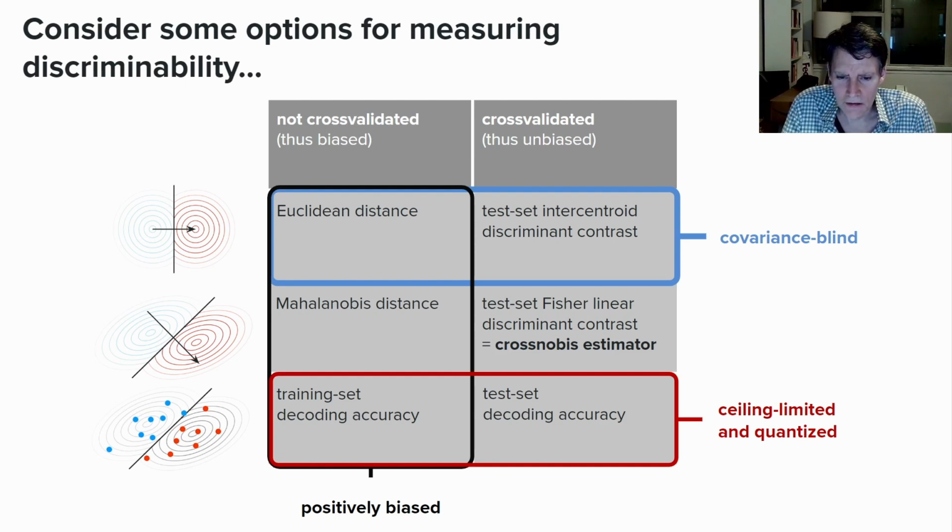So from a statistical perspective, that's not perfectly desirable. And then also the decoding accuracy saturates as two distributions get further and further separated. At some point, you just have perfect decoding accuracy. And then if you move them apart further, you're not sensitive to that anymore. This saturation is also a sometimes undesirable property of decoding accuracy.